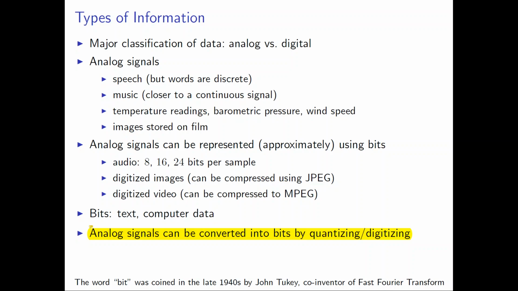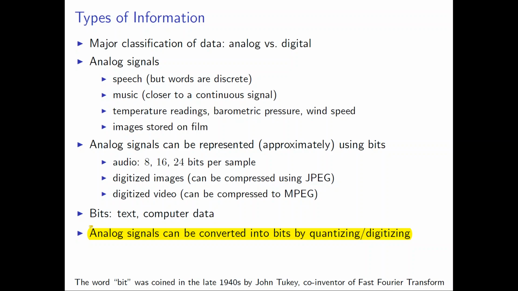For example, I told you in the previous lecture, when you want to record your voice, you just open the recorder and you start talking. What you are saying is analog. And the recorder takes your analog signal and tries to convert it to bits. But how does it do that? Through sampling, quantization, and then converting it to bits. And depending on the number of bits used to represent each level of your voice, the quality of the recording will be higher or lower.